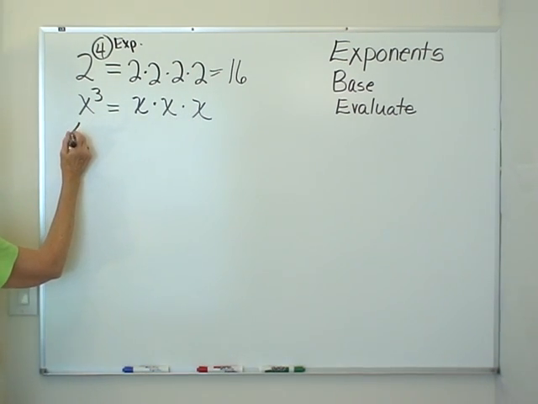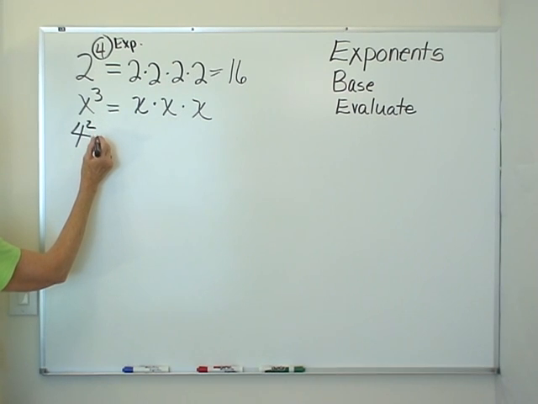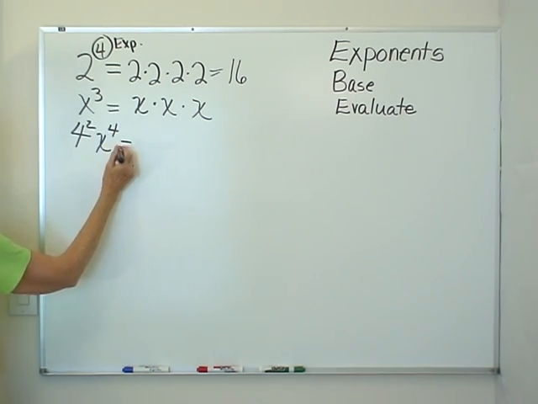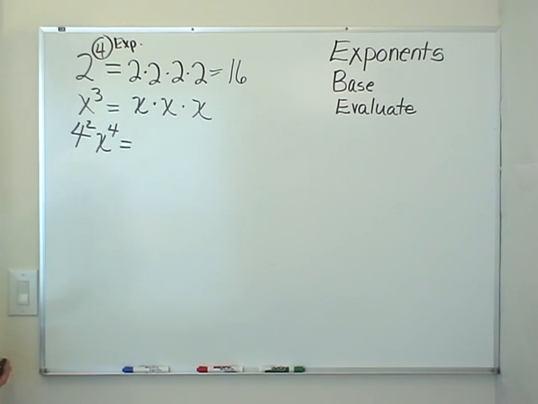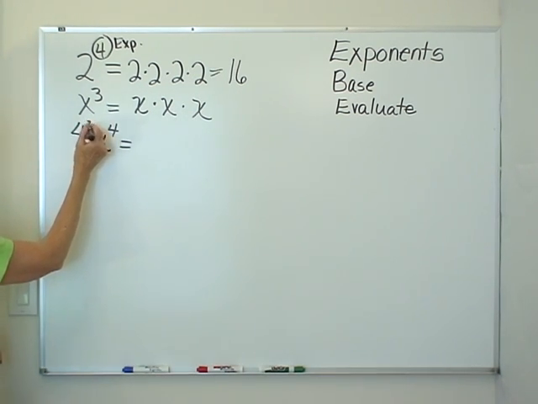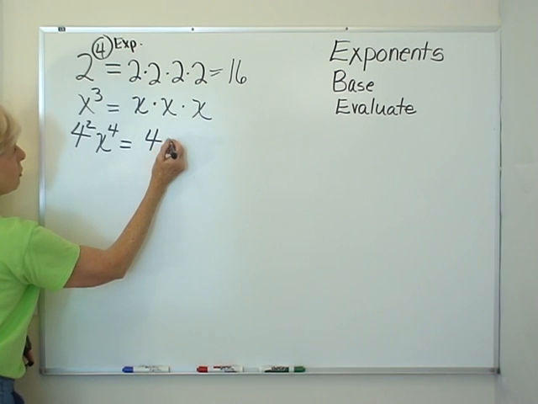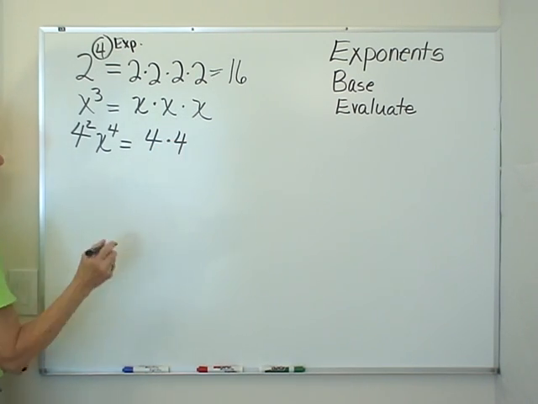If you've got 4 to the 2nd power times x to the 4th power, let's see if we understand what that means. We've got 2 exponents. We've got 2, which is an exponent that goes with the base of 4. So that means I've got 2 4's, and those 2 4's are multiplied by each other.